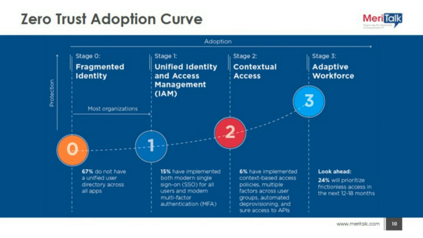When you shift into stage one, organizations are starting to wrap their arms around that broader ecosystem. So being able to implement a modern single sign-on solution that connects into both cloud and on-premises applications, and layering on multi-factor authentication, is really in that first bucket.